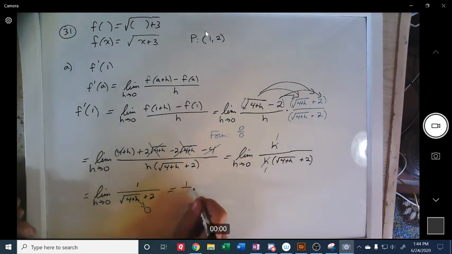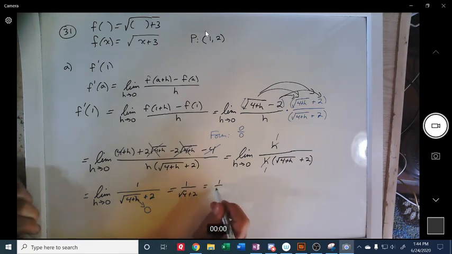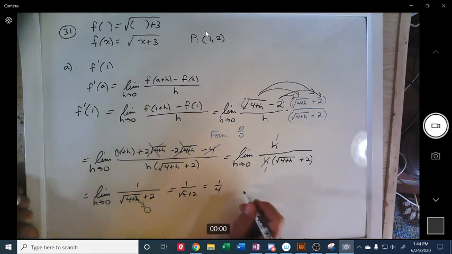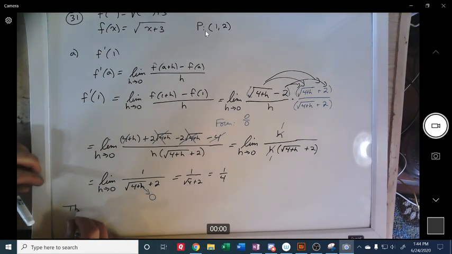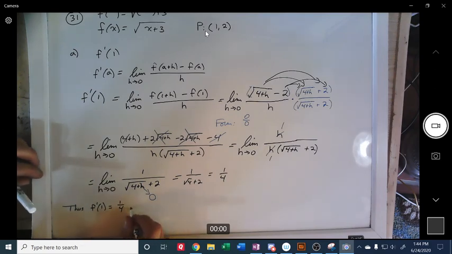So I get 1 over square root of 4 plus 2, which is 1 over 2 plus 2, which is 4. That's my slope. Thus, f prime 1 is equal to 1/4. That's my slope.